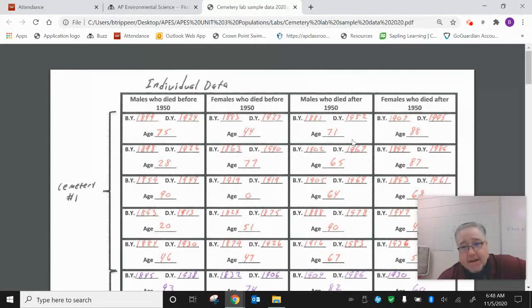Now, when we're studying populations, one of the things about data is the larger the sampling, the more accurate it's going to be.